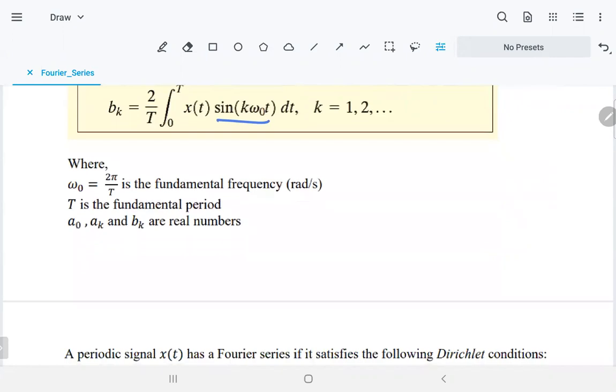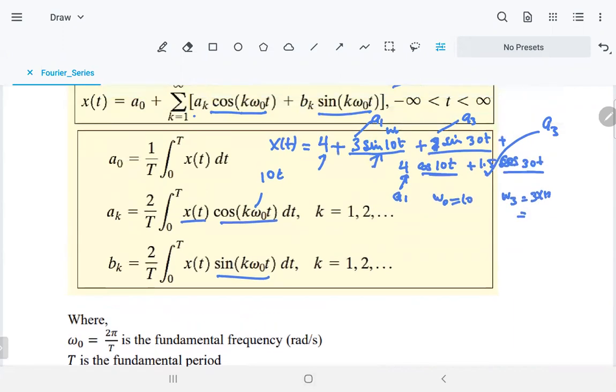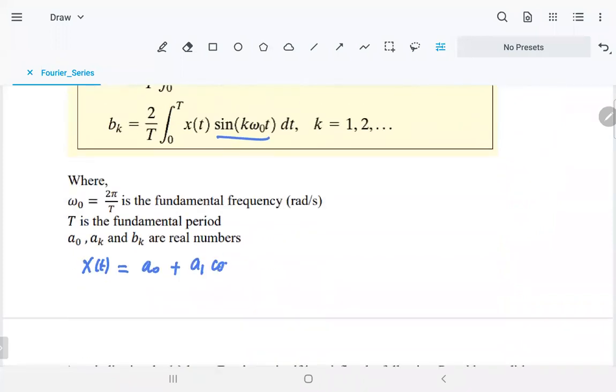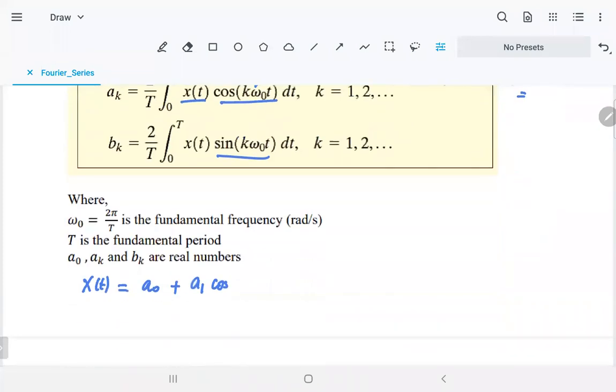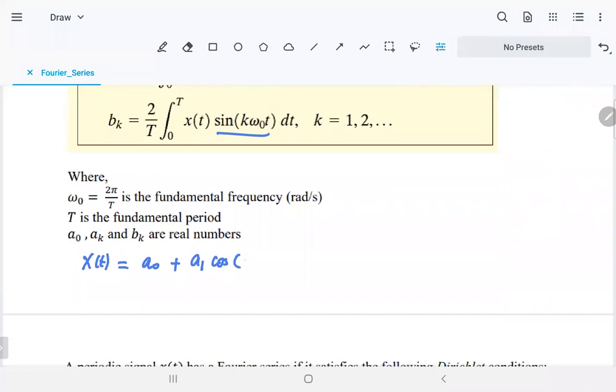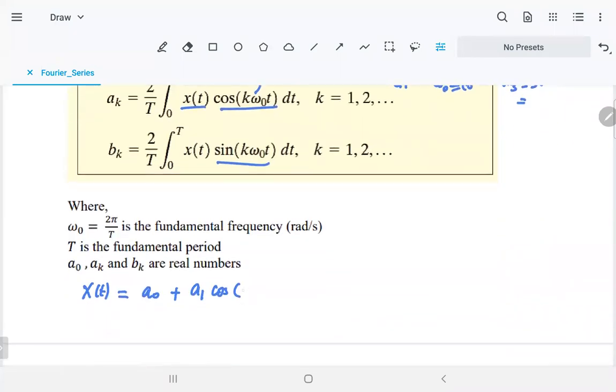So in general, you can say that x of t equals A naught, the average. Then you start with A1 multiplied by cosine, where you put k equal 1, so cosine omega naught t, plus A2 cosine 2 omega naught t plus A3 cosine 3 omega naught t, and you continue.